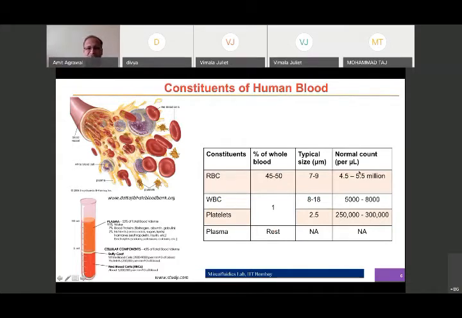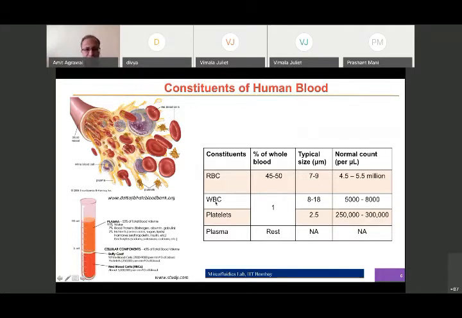Then we have white blood cells, which are relatively large and much fewer in number. We also have platelets, which are much smaller in size and, relative to WBCs, more in number.